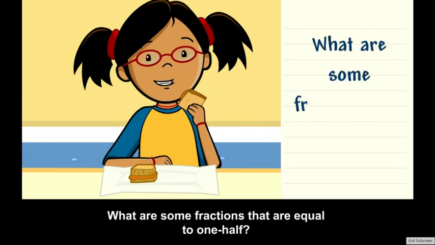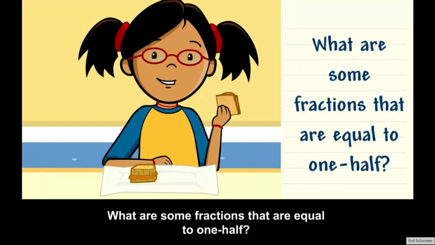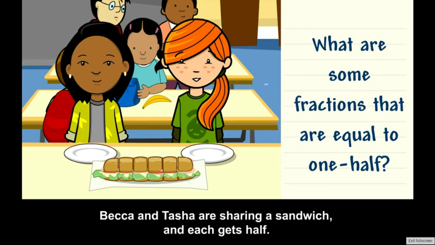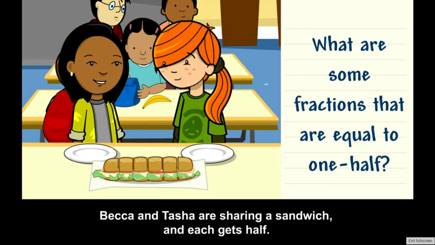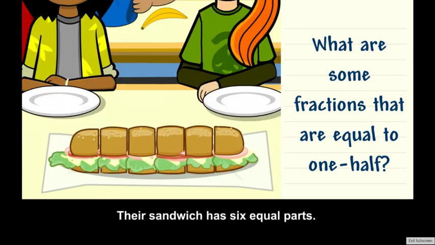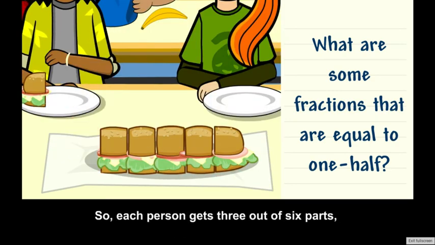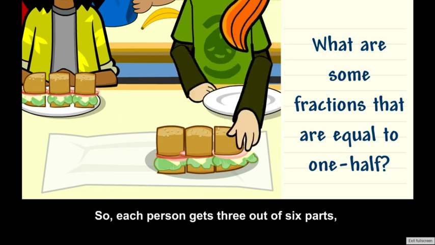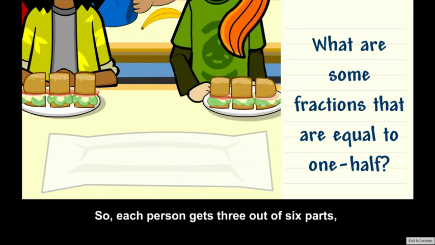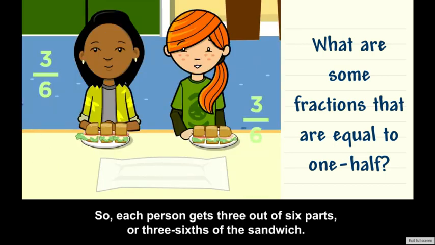What are some fractions that are equal to 1/2? Becca and Tasha are sharing a sandwich, and each gets half. Their sandwich has 6 equal parts. So each person gets 3 out of 6 parts, or 3/6 of the sandwich.